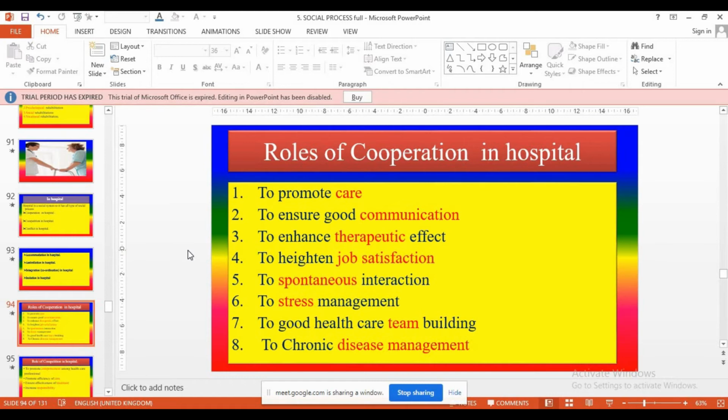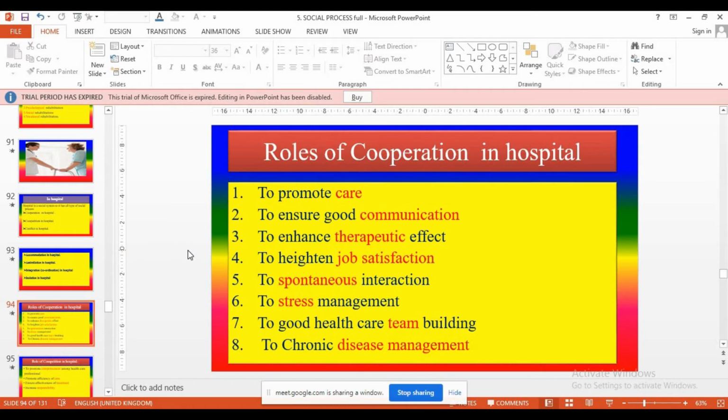Eighth one, chronic disease management, which is a very important one. In chronic disease management, the patient should cooperate with healthcare professionals. The drugs never cure the disease.